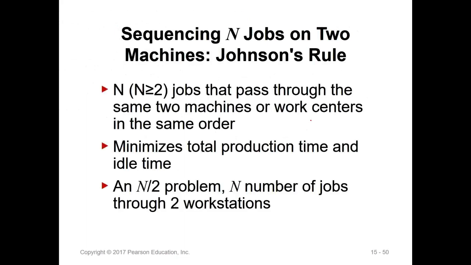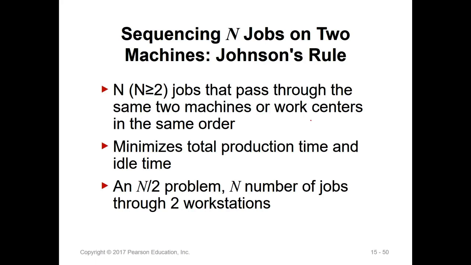This next one, I think, is a very important rule: Johnson's rule. If you look at the textbook, I'm not sure you can comprehend it 100% or not. Hopefully, yes.